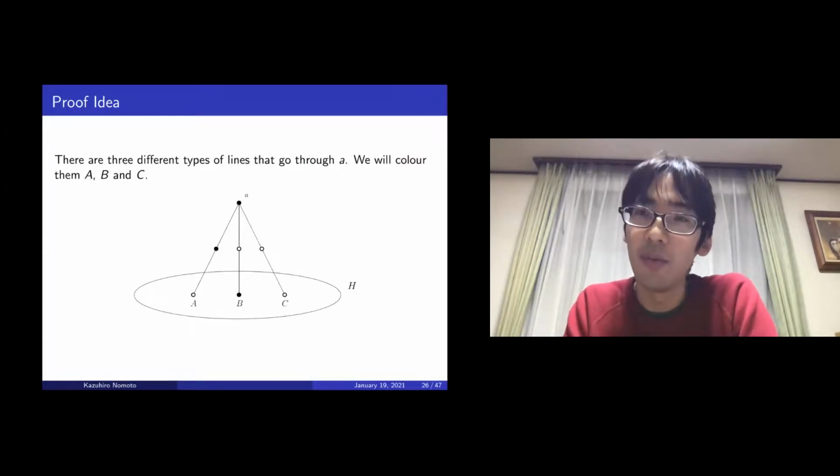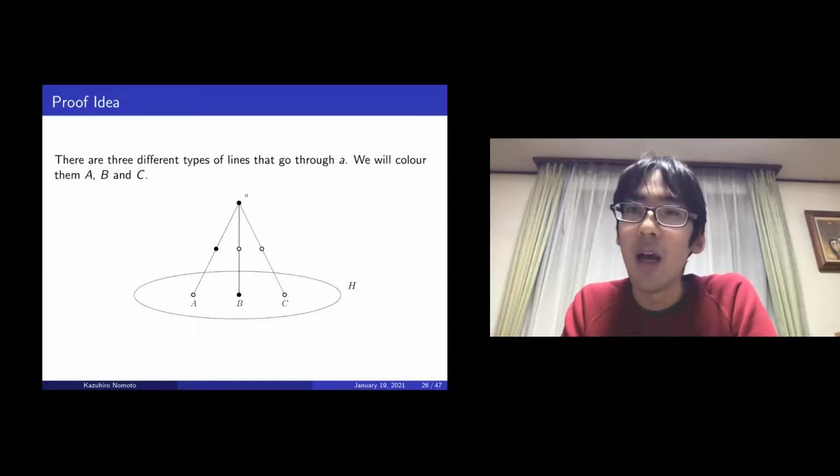You can get these triangles. So type A is a triangle going through A containing an additional point, an element from the matroid. And B is similar, it just behaves a little differently when you put it in the context of this hyperplane H. And the last, C, you don't have any additional points in that triangle.